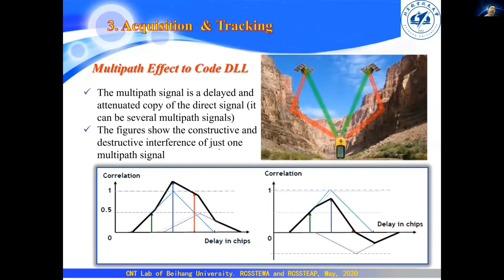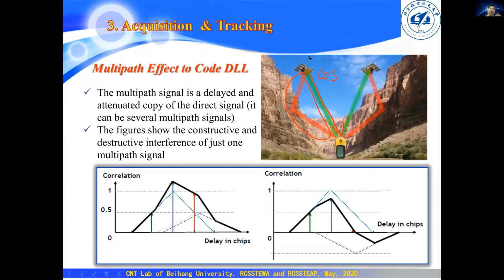But there are some errors about the multipath effect. It's a very big error in cities when you're using a GNSS receiver. For example, this is called multipath. That means the signal has a direct signal, this is called LOS, line of sight, and another one arrives by a reflected way.